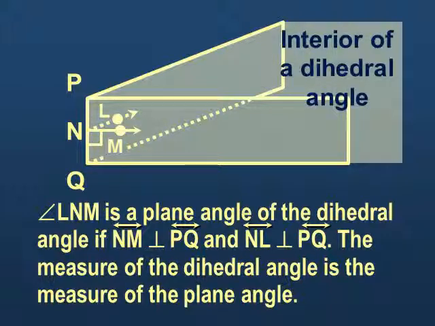So just like with regular plane angles, the interior does not include the pieces of the angle. So in a plane angle, we say the interior is not the ray or the vertices. Same with the dihedral angle. It's just the planes make it have an interior.